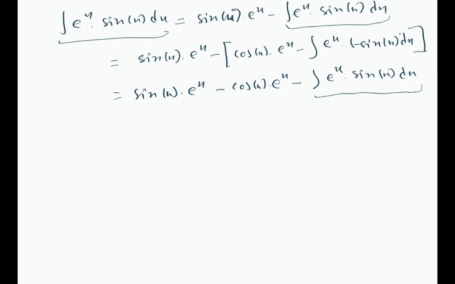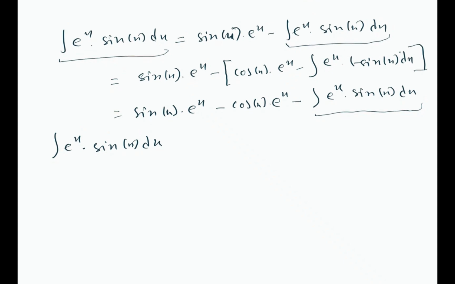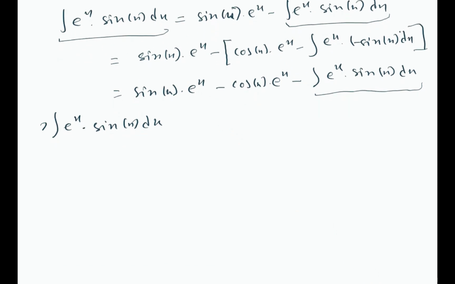So we can add the integral of e to the power x sine of x dx on both sides. If we add it on the right and left side, then on the left side we would get 2 times the integral of e to the power x sine of x dx, right?